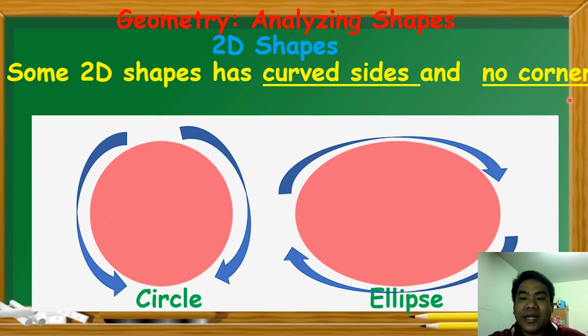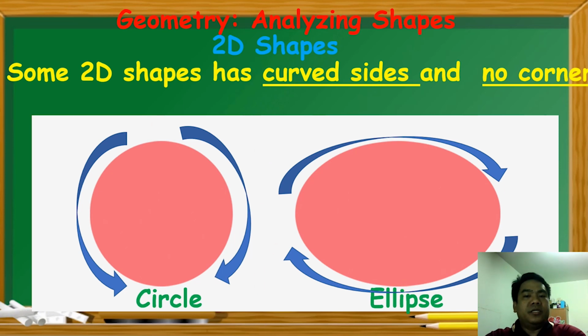Same as triangle, square, hexagon, pentagon, those have corners, but the circle and the ellipse have no corners, only curved sides.